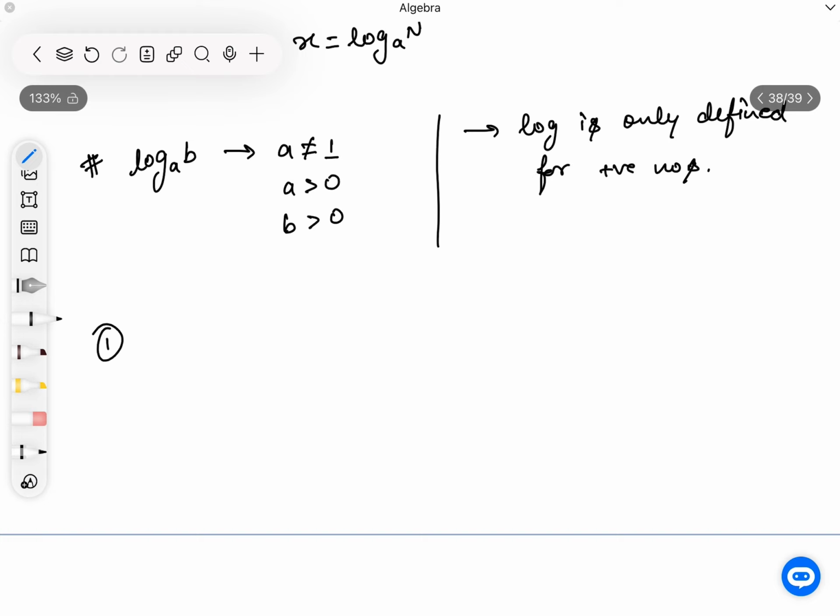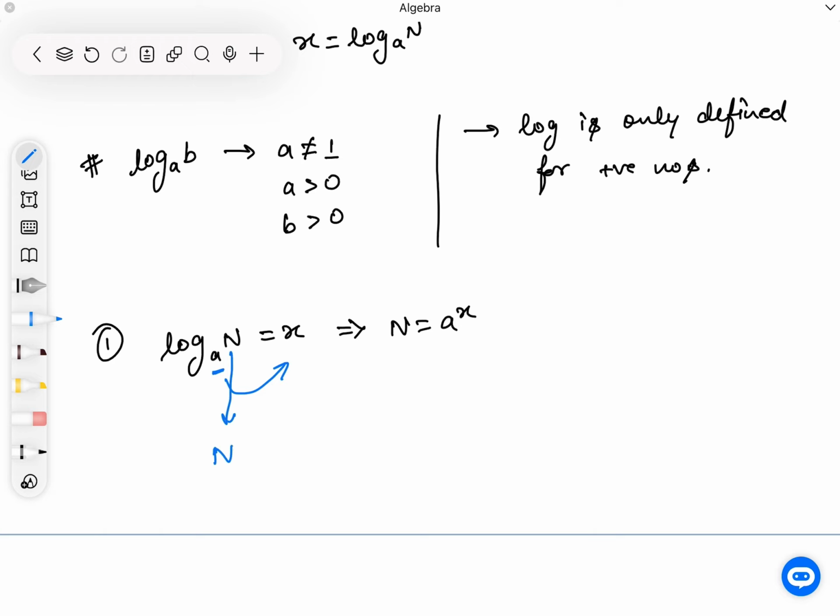First property, a really simple one. You have log of n with a base of a equals x. How will you write this? You will write it like n equals a to the power x. So basically, whatever you have written here, this goes on that side and this number remains on the left hand side.